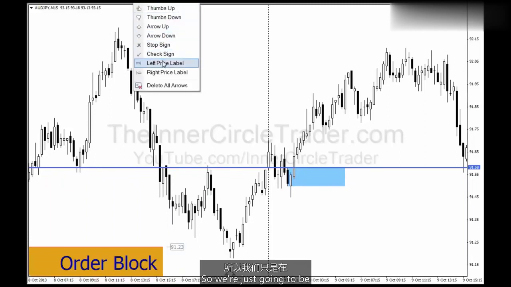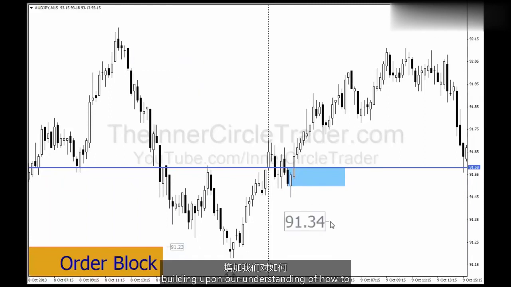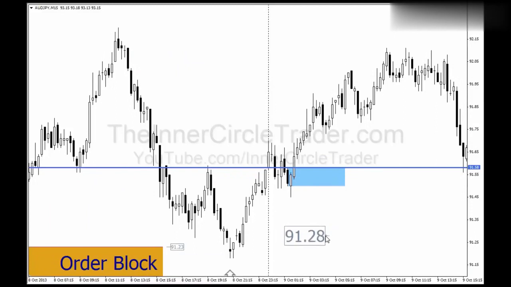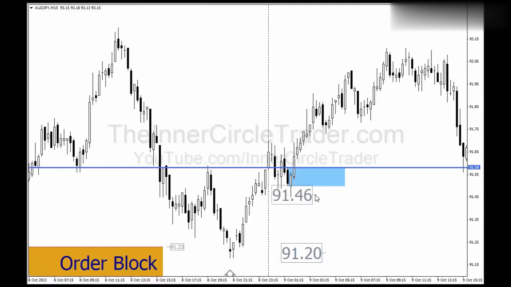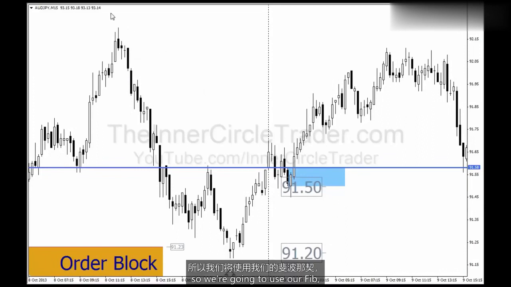So we're just going to be building upon our understanding of how to find the range. We have 91.20 and 91.50. So we're going to use our fib.